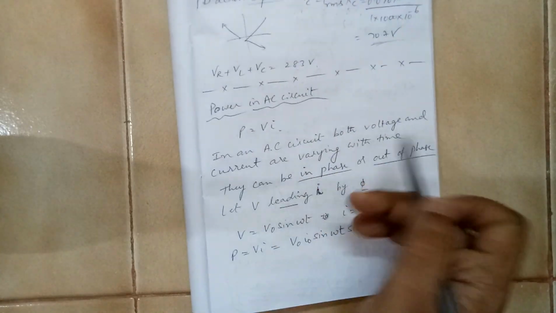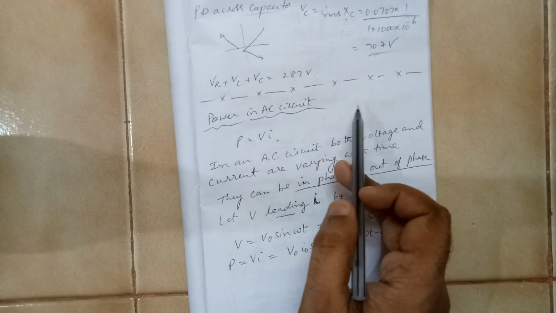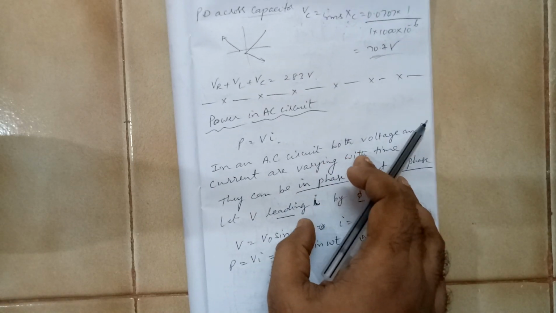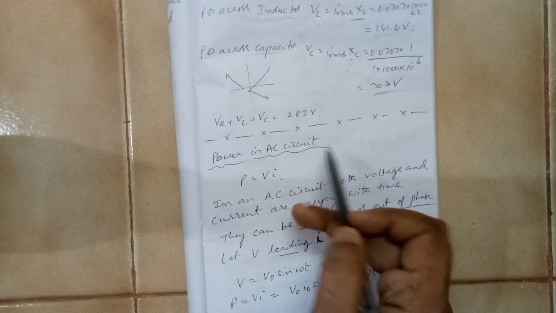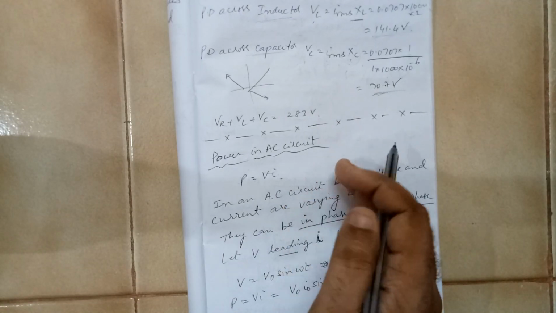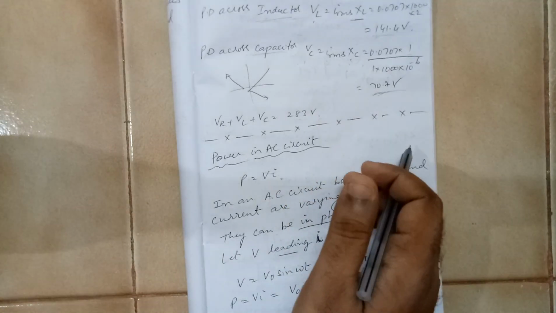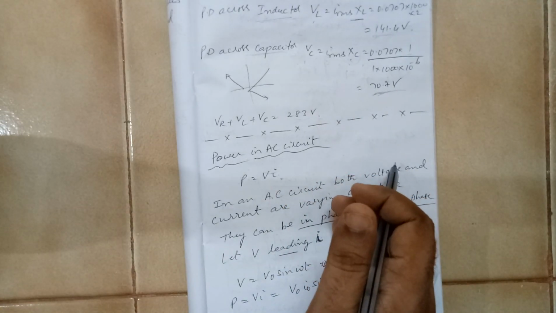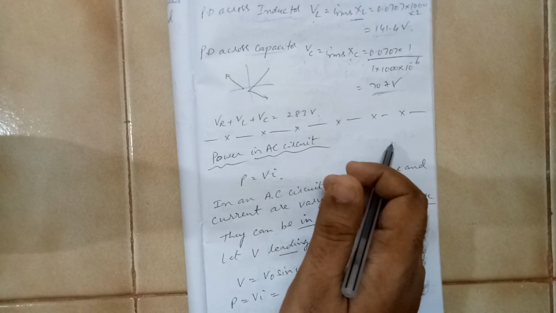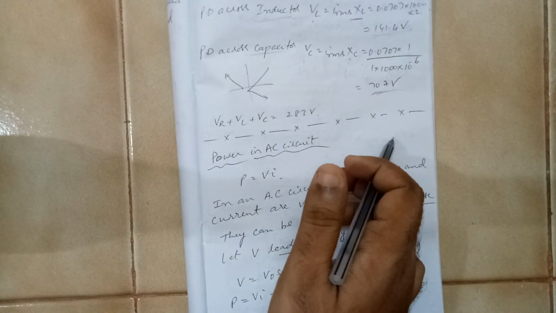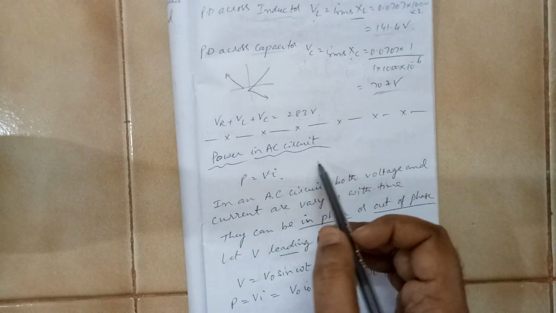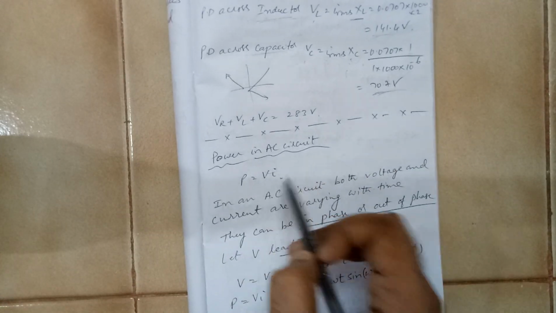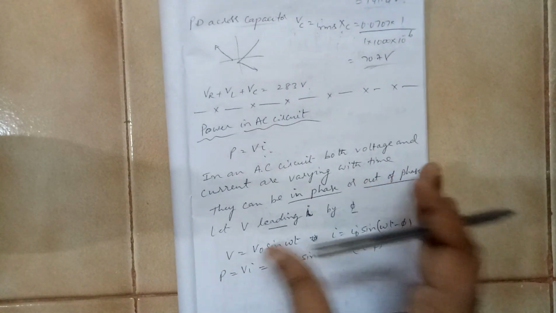So here also the procedure is the same. Because these values are changing with respect to time, at every time you get an instantaneous value. The power also is changing with respect to time. You get instantaneous power when you multiply instantaneous voltage with instantaneous current value.